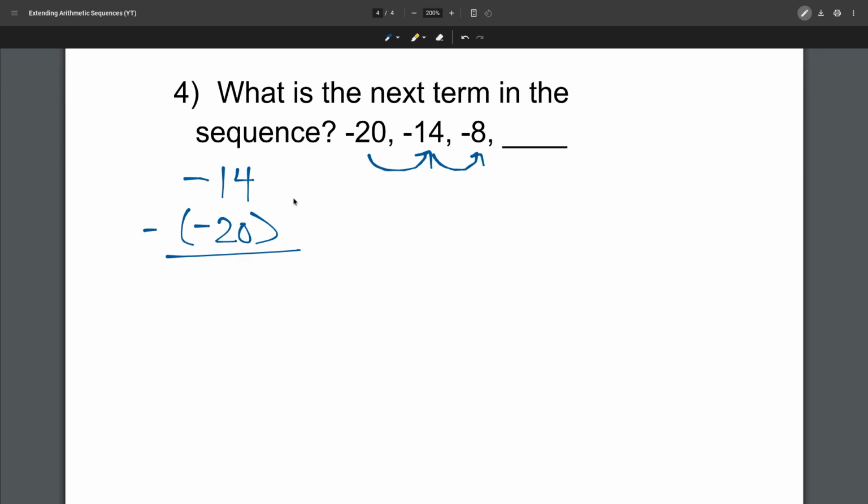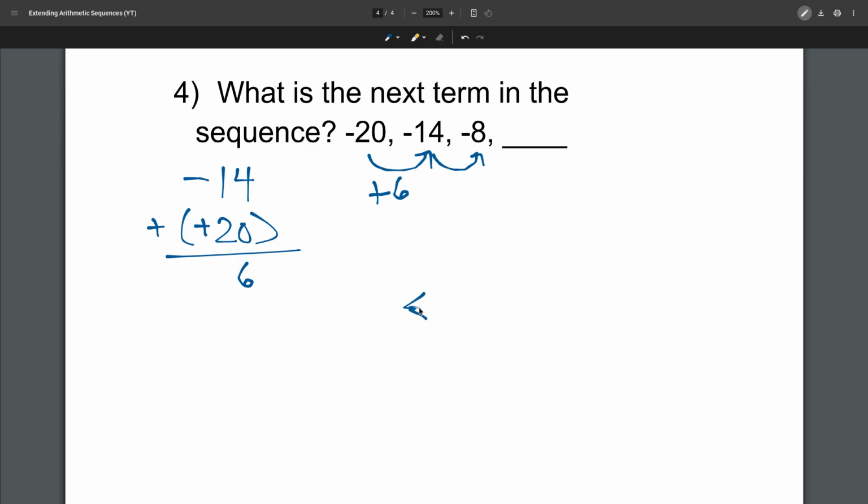The difference between negative 14 and negative 20 is 6. But we're taking away negative 20, so we're adding positive 20, so we're going to get a change of plus 6. Okay, so we go plus 6 when we go from negative 20 to negative 14.